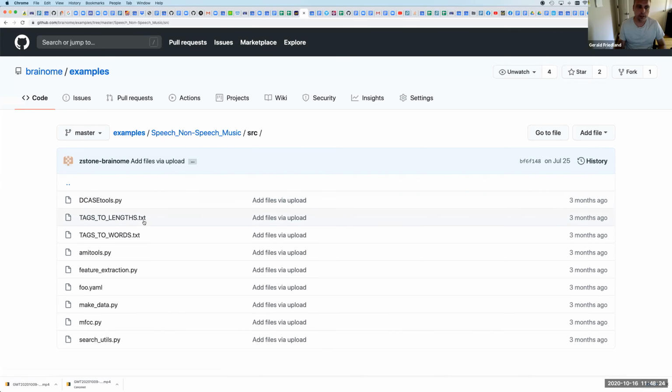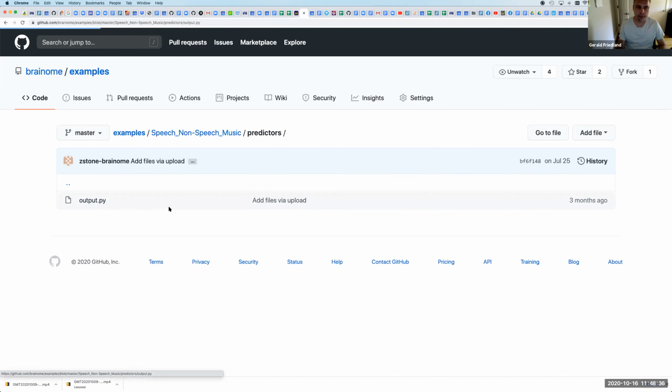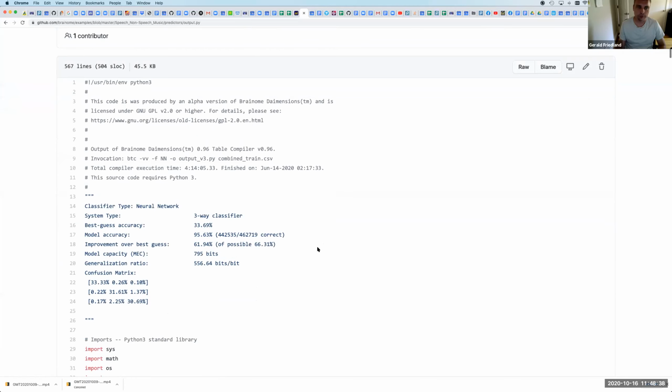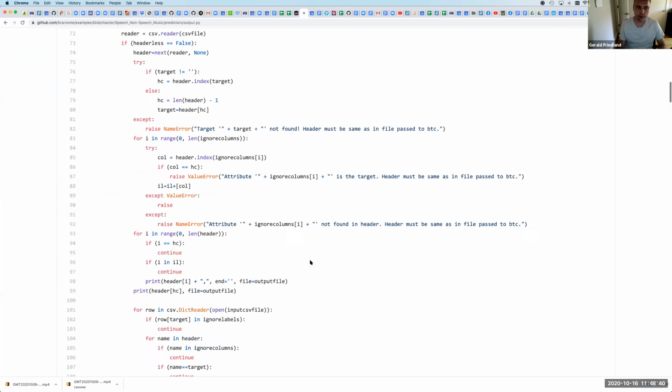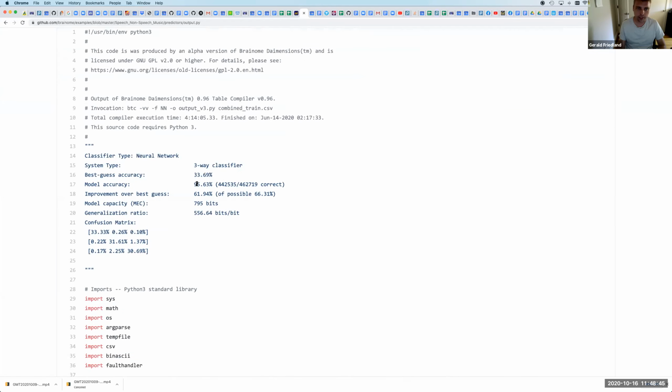It converts MFCC features from speech, which we'll talk about next time, using different tools into a comma separated value file in the right way, such that in the end we can build a predictor that looks like any other predictor for speech, music, non-speech.